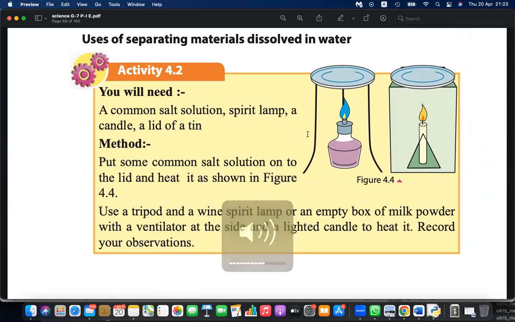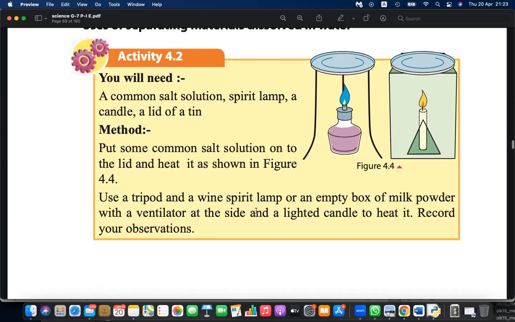You can use salt and dissolve it in water. Put some common salt solution into the lid and heat. Use the tripod and wine spirit lamp or an empty box of milk powder with a ventilator at the side, then light a candle and heat that.